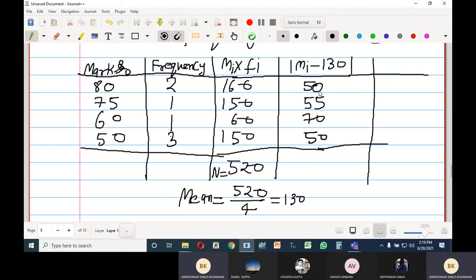So these are the deviations. So now again, who will help me? What would be the total deviation, if you write the summation of mi minus 130? What would be the value? Who will tell me? Anybody?